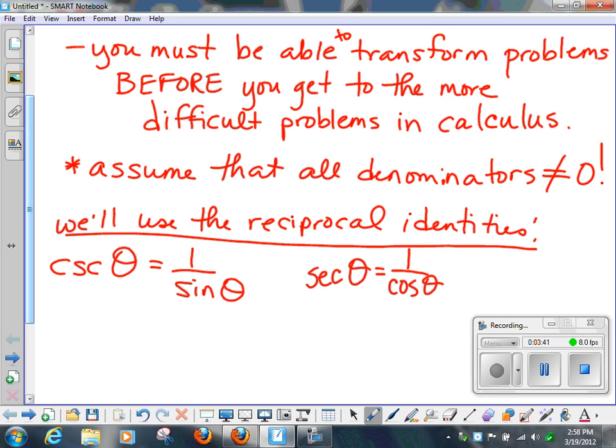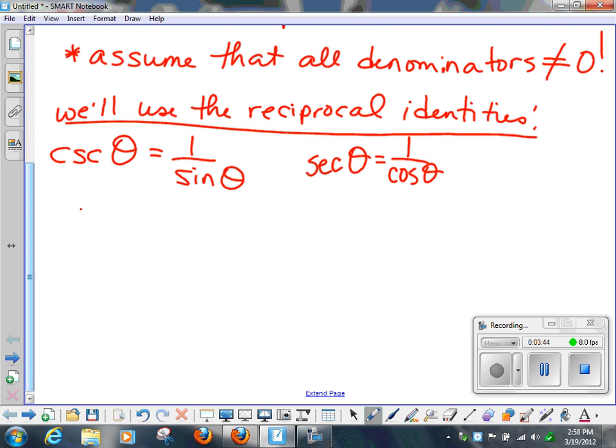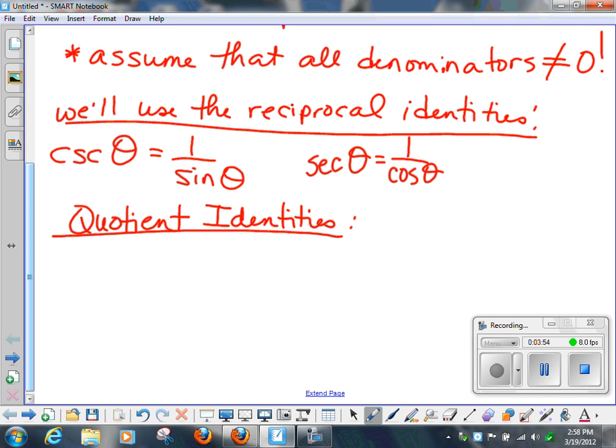So we're going to use these reciprocal identities. We're also going to use quotient identities. Pardon me? Funny that you should mention that. What is tangent theta? What divided by what? Sine divided by cosine. Good. Which also leads us to cotangent.